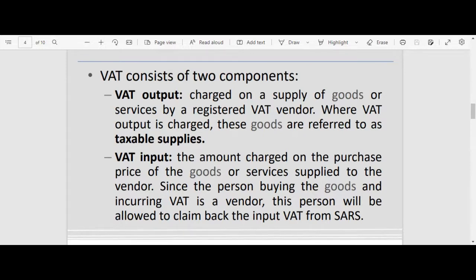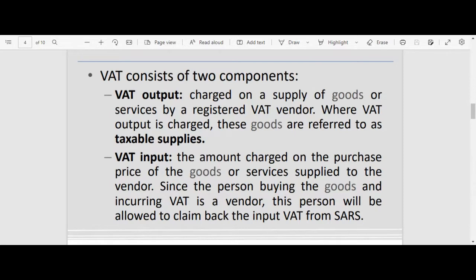That has two implications. That means they become a registered VAT vendor. That is also an official term in the Value Added Tax Act. So they become a value added tax vendor. Secondly, the big implication is then they must complete a VAT 201 return every second month, which in turn means that they've got to pay over the difference between their output VAT and their input VAT when they submit the return.